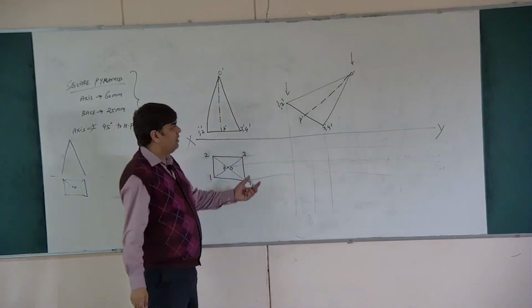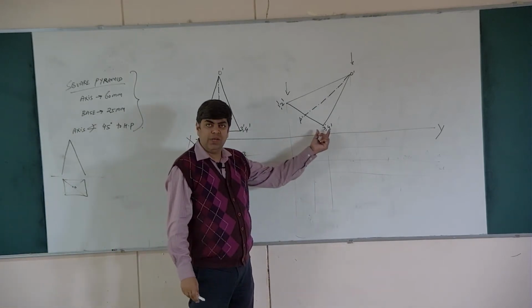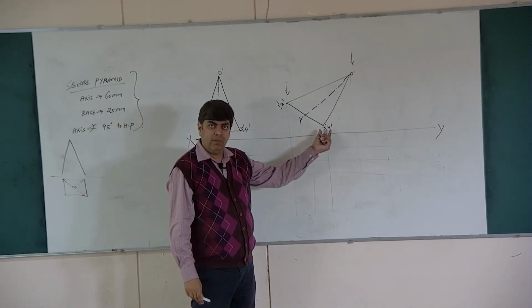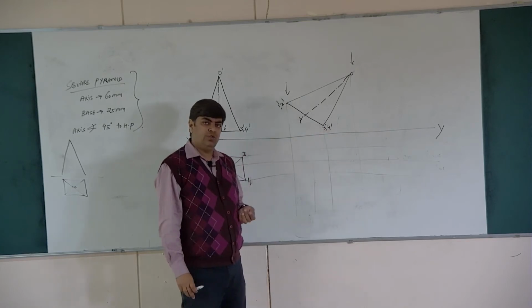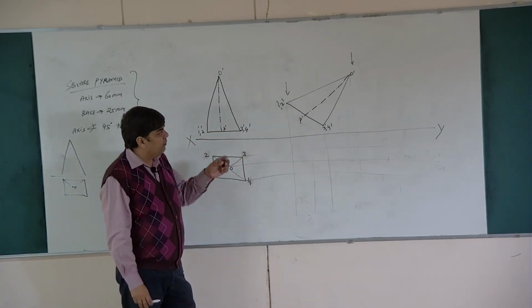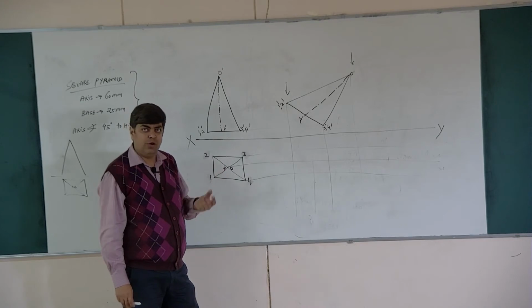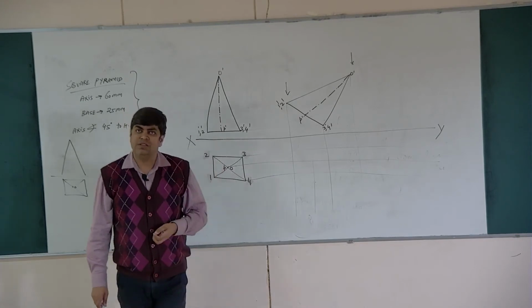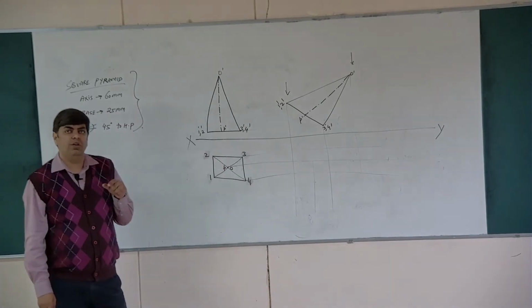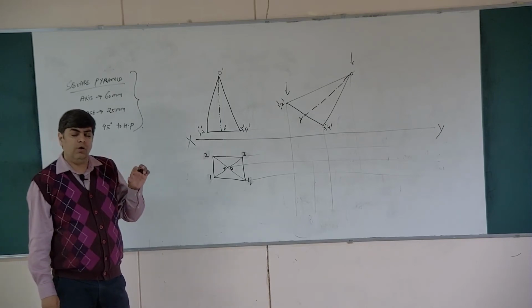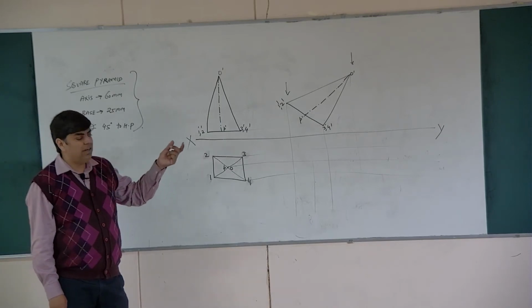Now the same logic: the points which are nearer to XY will be hidden. But if a hidden point is superimposed or overlapped by some continuous point, it has to be continuous. Or in other words, if it is the outer periphery or the outer boundary of the solid, then it has to be continuous.